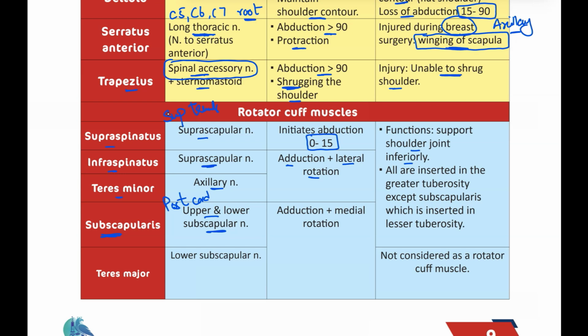It is going to cause the medial rotation and the adduction. Now, they are all inserted at the greater tuberosity except the subscapularis, which is inserted on the lesser tuberosity. Now, teres major is supplied by the lower subscapular nerve. It is one of the medial rotators of the shoulder, but it is not a part of the rotator cuff muscles.